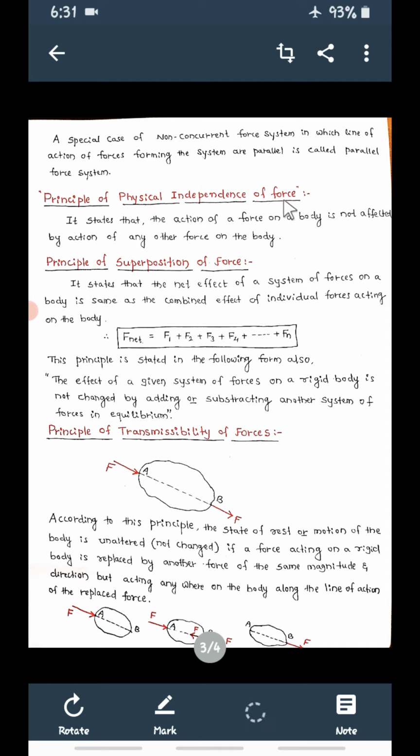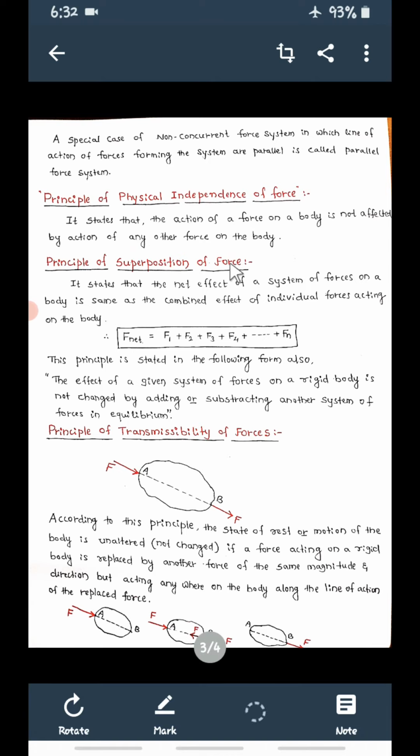So what does this principle state? It states that the action of a force on a body is not affected by the action of any other force on the body.